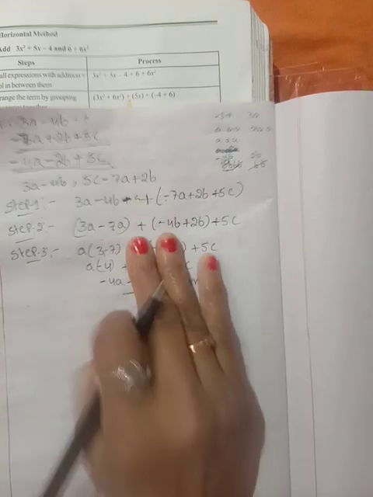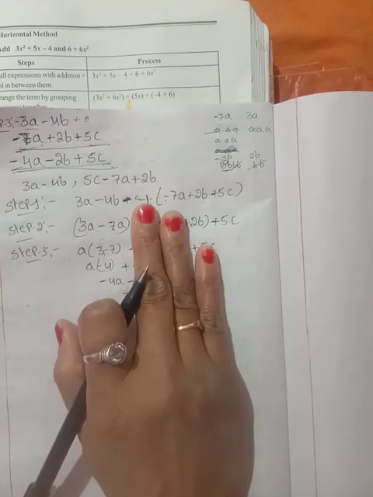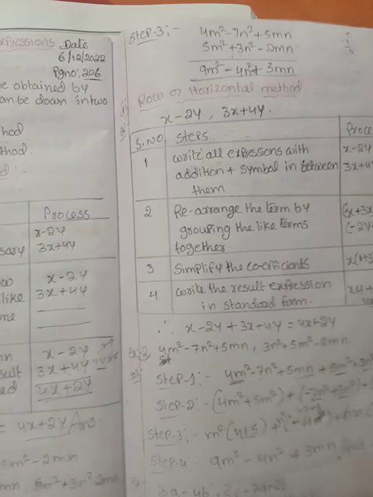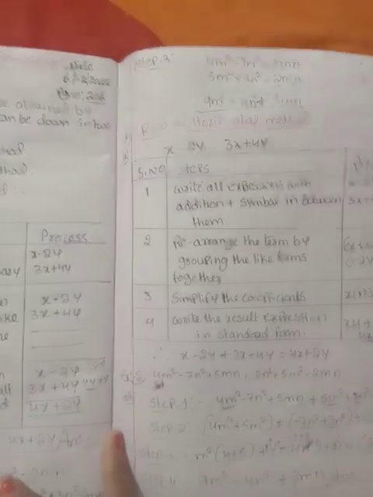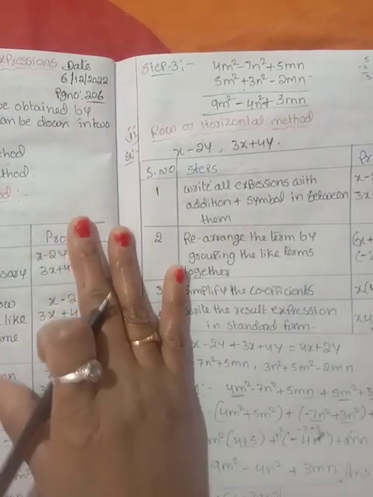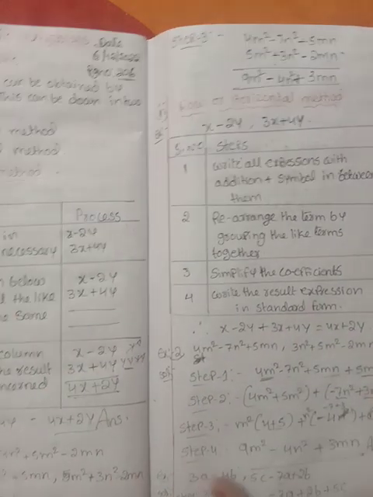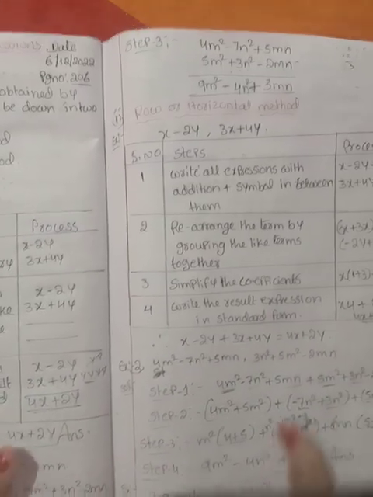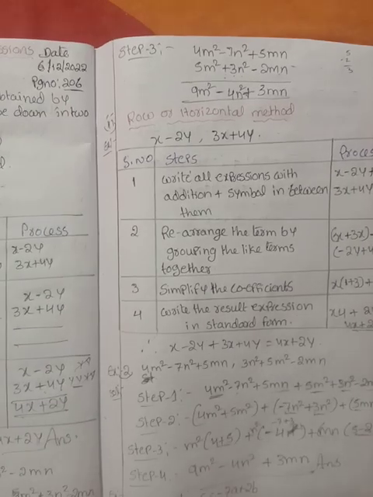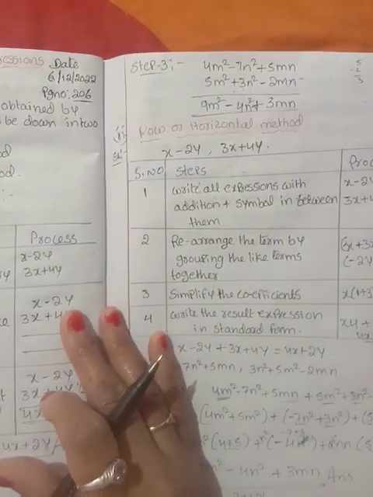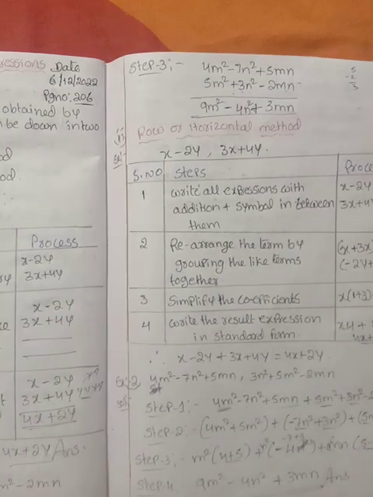This is the horizontal or row method, the third problem. Today in Chapter 10 on expressions we learned the column or vertical method and the row or horizontal method with three examples. Next, after this, we continue with part 2, the subtraction of expressions.